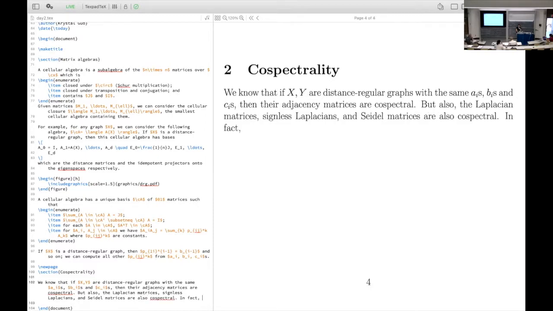In fact, if you take the same linear combination of the distance matrices in those schemes, they should also be cospectral.